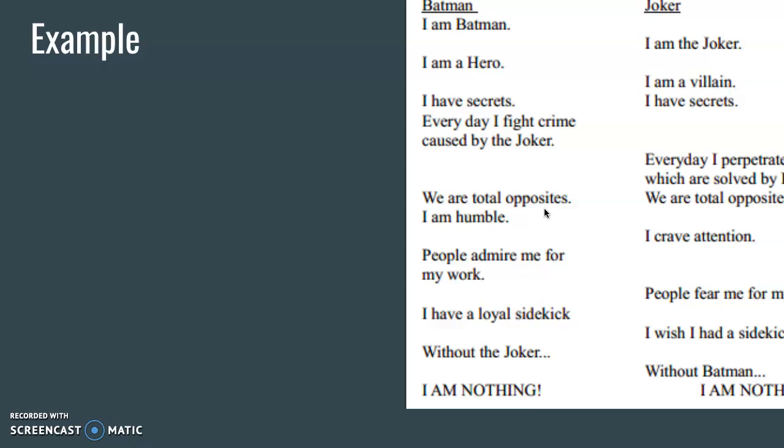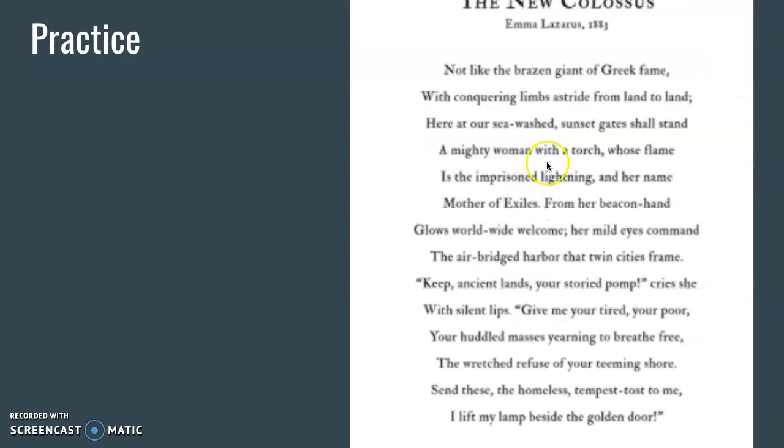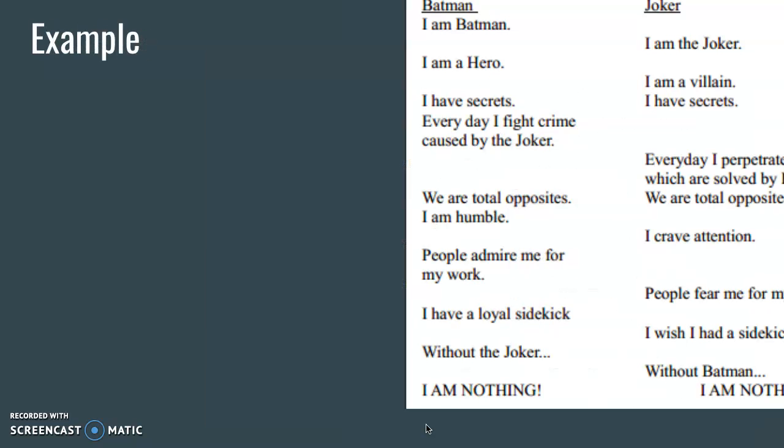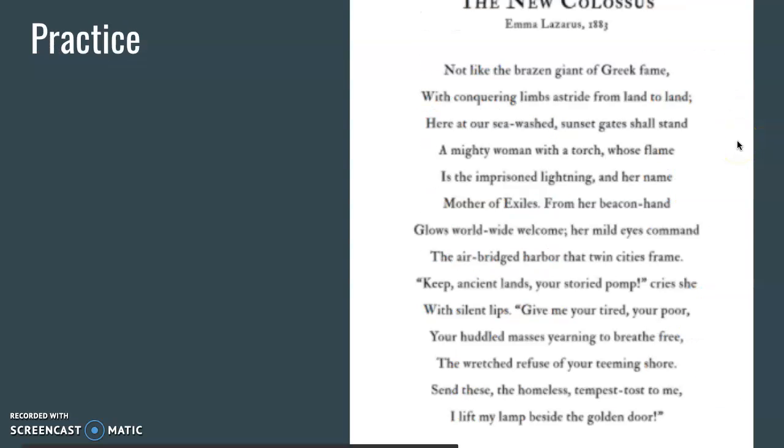So I would introduce the poems to them. They're given 2 poems that they're going to have to compare and contrast, and then they're expected to create their own 2 poems, which would look something like this, but in the version of Ellis Island. So I have here the New Colossus, which is a perspective not from a direct immigrant from Ellis Island, but this is the writing that's on the Statue of Liberty, and kind of gives a perspective of the excitement of the Statue of Liberty and coming to the new world and everything like that.